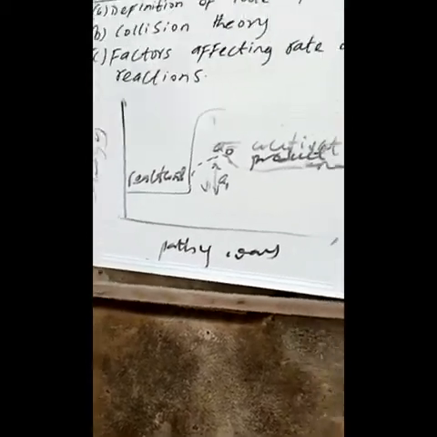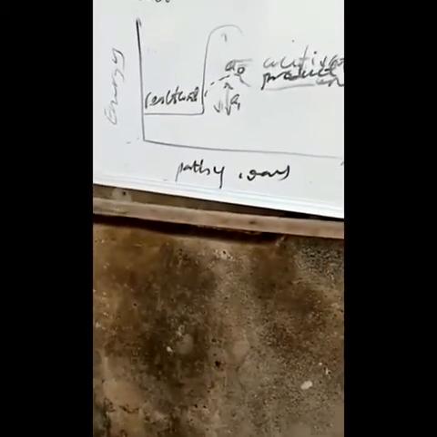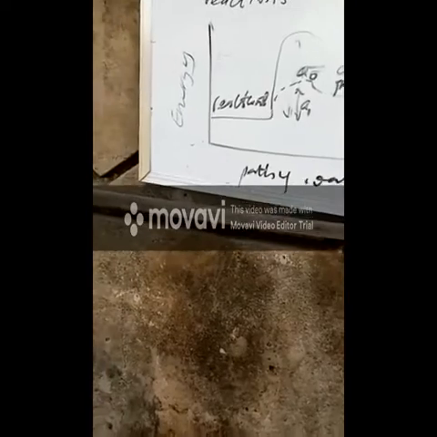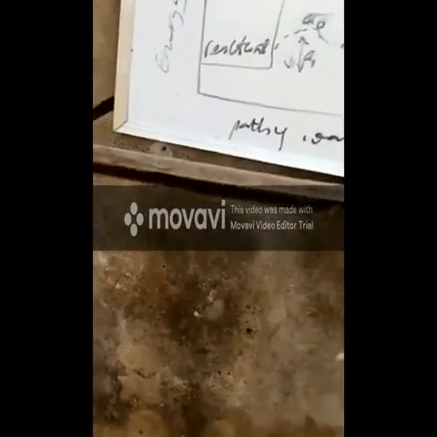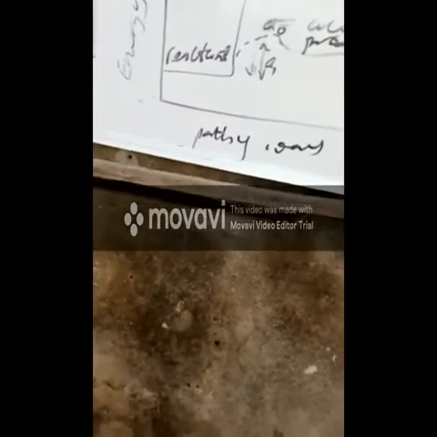I think we have come to the end of the class. Let's quickly go over it again. We said the rate of a chemical reaction has to do with the number of moles of a reactant that is converted or product that is formed per unit time.